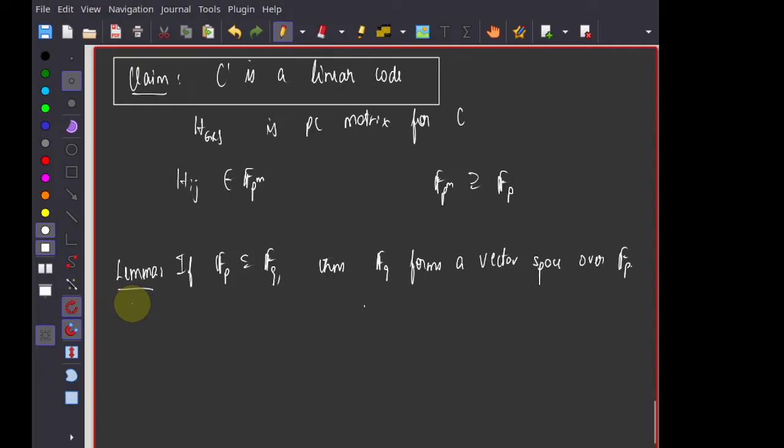For this, of course, I need to prove that all the properties of vector spaces are satisfied. So clearly, FQ forms a group anyhow, so there's no issue over there.